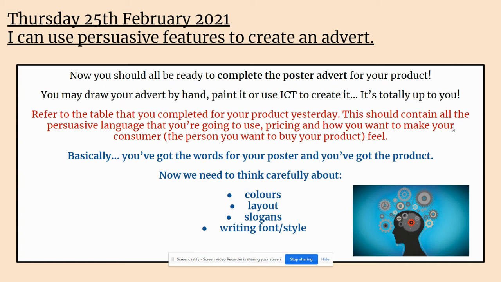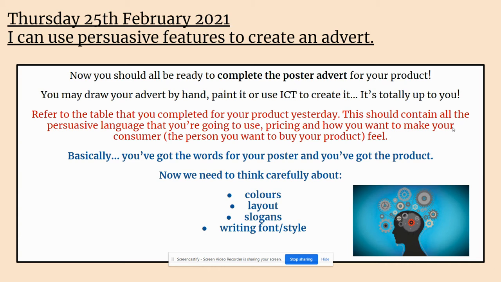So it's totally up to you. However, do not record yourself doing a video advert, for example, because we're going to move on to those things next week. This week, we're just thinking about the posters, the way that posters can persuade people to buy something.